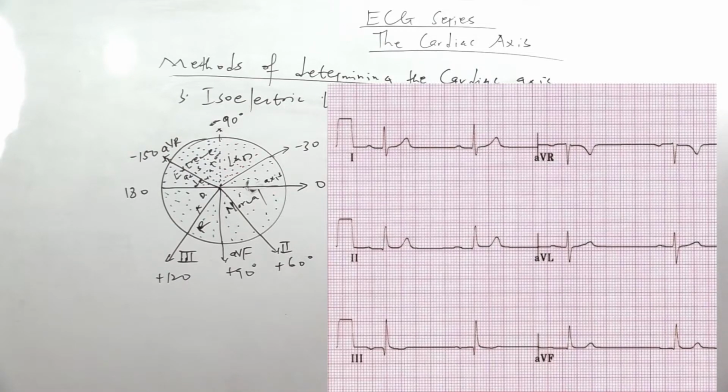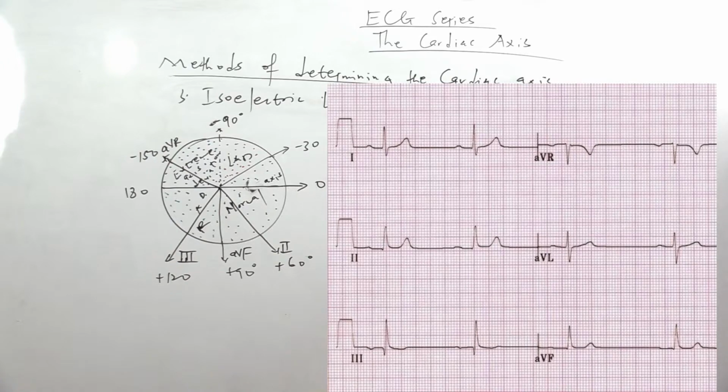That makes it an isoelectric or epiphasic lead. Looking at the QRS component, you have only the R wave and the S wave, and they are cancelling out because they are equal in amplitude. We know the S wave is negative and the R wave is positive. So that will give you 0. So that becomes our isoelectric lead.